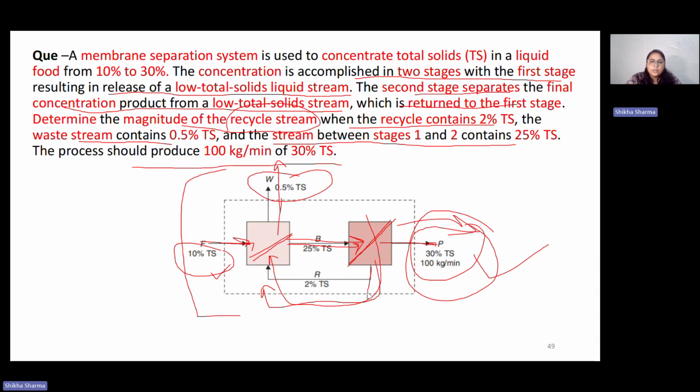But if not, the 2% TS stream is recycled and comes into the first stage again, and then goes again to the second stage as a loop or recycling. So here we need to calculate the magnitude of the recycled stream. Okay, solve this question.